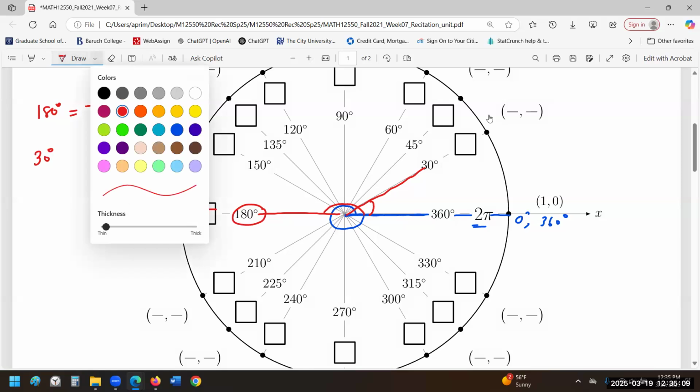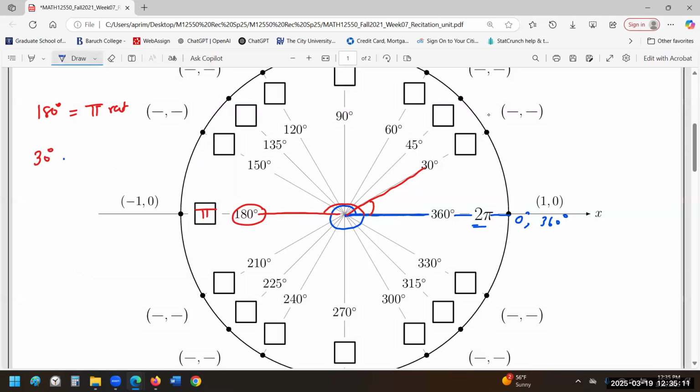Since we don't want the degree anymore, we put 180 degree on the bottom and pi radians on the top. So the degree and degree cancel out. We are left with a quantity in radians. Now 0, 0 cancel out. 3 goes to 18 6 times. What does that mean? It means we have our answer pi over 6. So this 30 degree is same as pi over 6 radians.